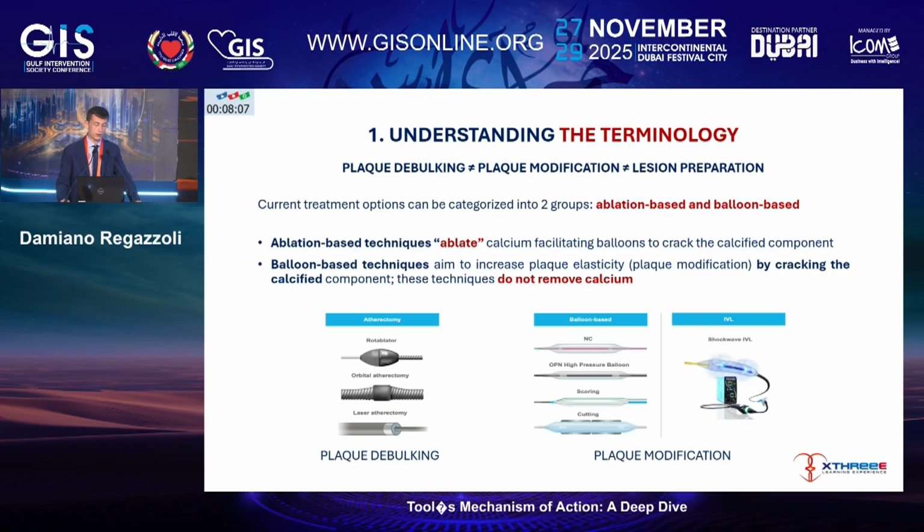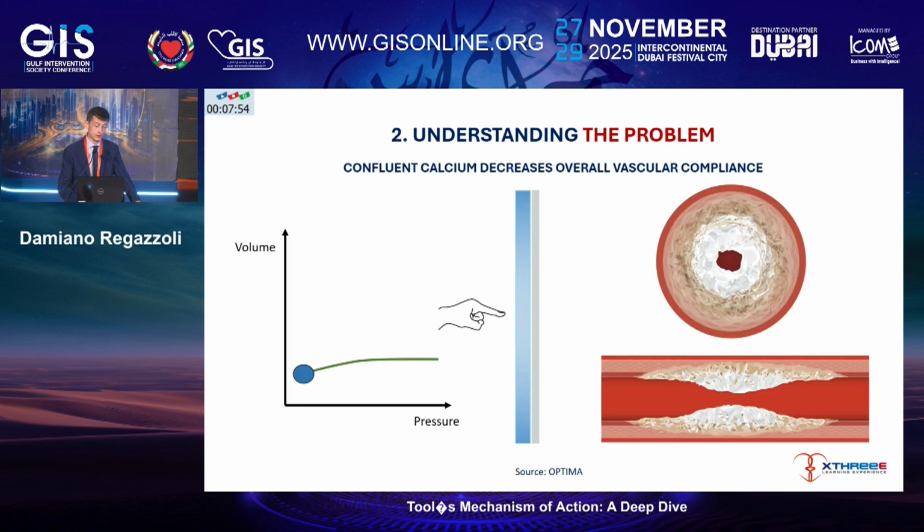As our colleague pointed out, the role of using non-compliant balloon in this setting is fundamental, because after you took out some calcium and created some cracking, you have to prepare the lesion for implanting your stent. When the calcium is thick, big, or severe, what we do with standard or even non-compliant balloons is just push our balloon on a wall, so we increase the pressure while we are not increasing the inflation of the balloon itself, so we are not preparing the lesion.